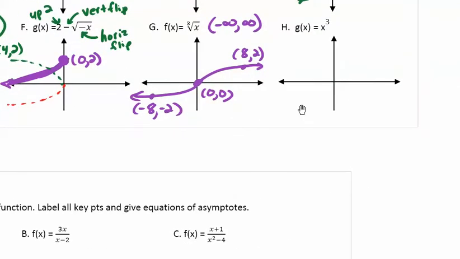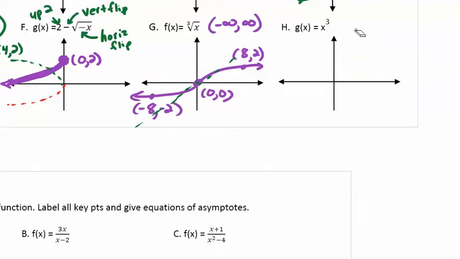And in H, instead of doing the cube root, we're cubing. Well, you could think of inverse functions. Remember that inverse functions fold over this 45-degree line? So hopefully you recognize the same shape as we got in letter G. But here we would be switching in the opposite direction, and maybe I could make it rise a little faster.